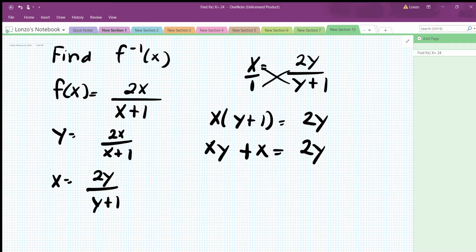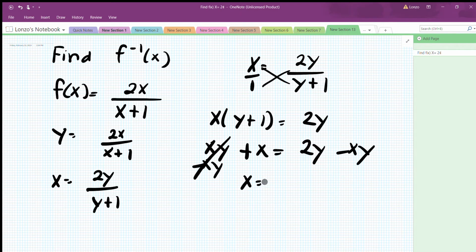We have xy plus x equals 2y. I want to get all the y's on one side, right? So we have a y here, and then we have an xy here. I want to move all the y's to one side. So I'm going to move this xy to the right. So I'm going to subtract xy, and you'll see why I did this.